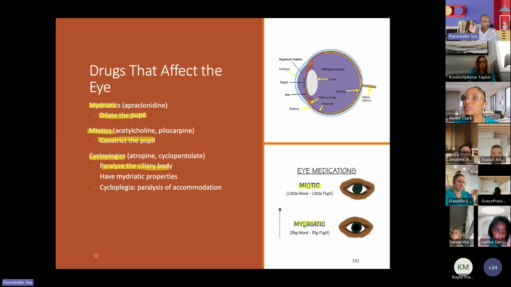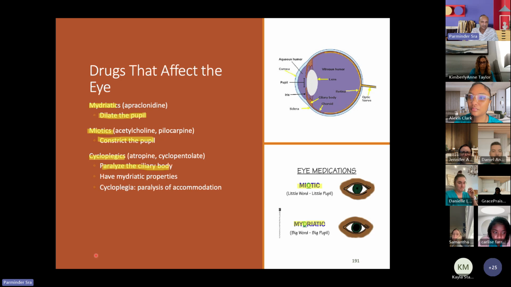If you put both words in front of each other, mydriatic is the lengthier one, so they dilate the pupil, make it bigger. Miotic is the shorter one. It constricts the pupil. So any drugs which are mydriatics will dilate the pupil, and drugs which are miotics will constrict the pupil.